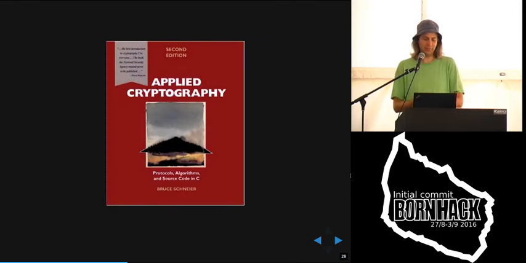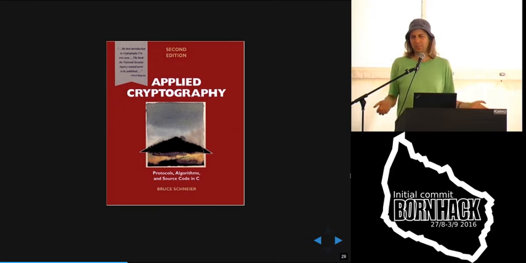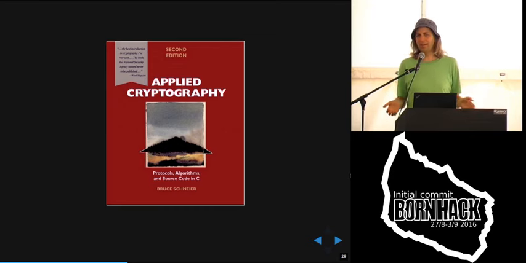It's Applied Cryptography by Bruce Schneier. This is like the most famous book in cryptography, but there's a problem with it: it's from 1996. That's really a long time ago. Bruce Schneier wrote a lot of right things in this book, but it's just not up to date. He couldn't know about padding oracles because they were not invented yet.